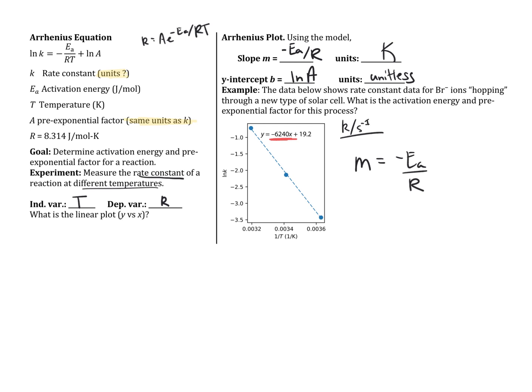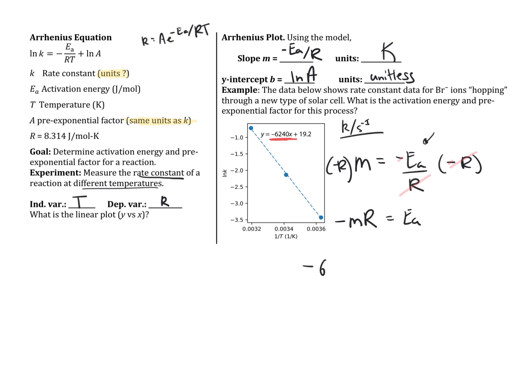So I want to solve for activation energy, so I'll multiply both sides by negative R. That will make this positive, and it will cancel the R on the bottom, and it'll cancel my negatives there. So negative mR is equal to EA.